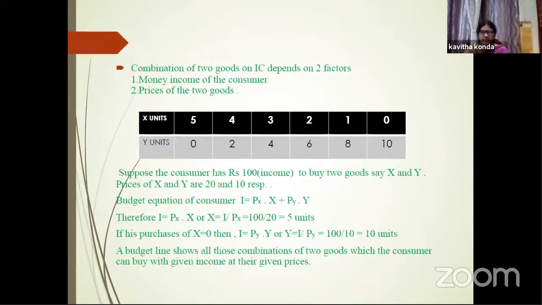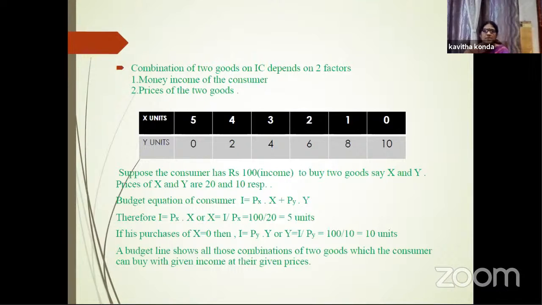It is fixed. It is constant. In the assumptions we already discussed that income, taste and preferences remain the same. So income is 100 rupees only. You have to spend that 100 rupees among X and Y. Price of X is 20 rupees and Y is 10 rupees.